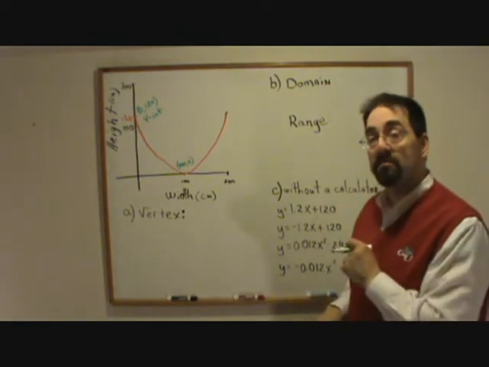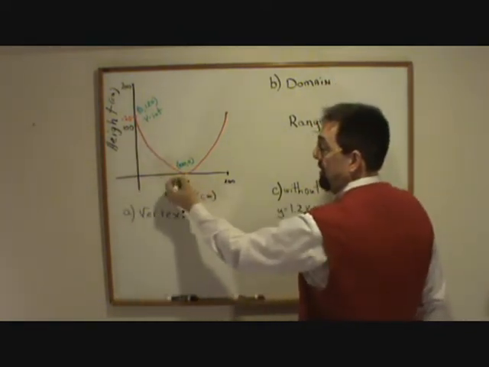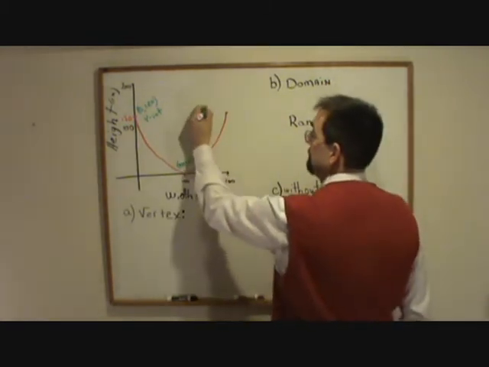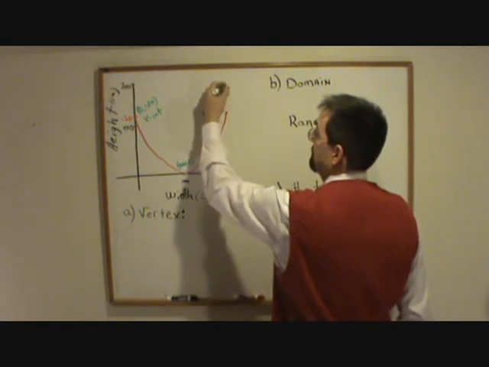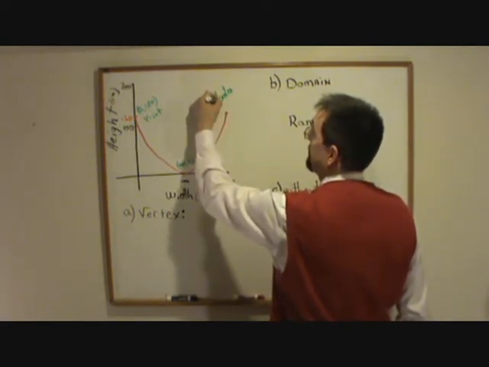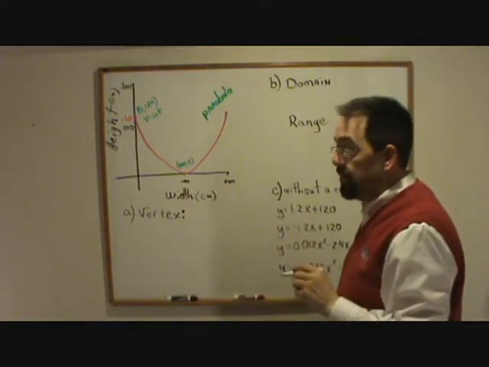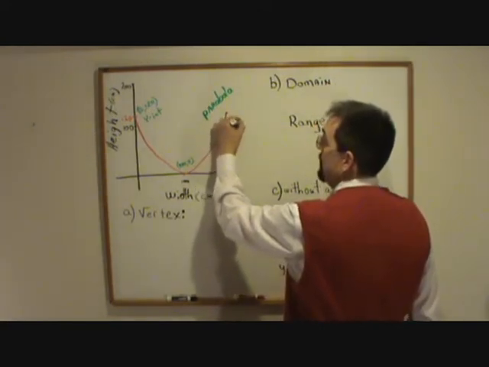And they gave you 4 possible choices. The vertex is what we call the minimum or the maximum. This is a parabola, and it's in the form of a smiley face or a U. We also can call that a quadratic.